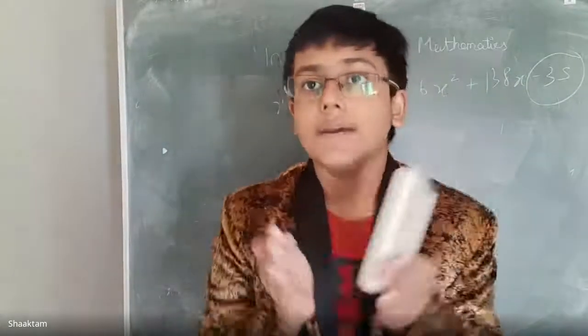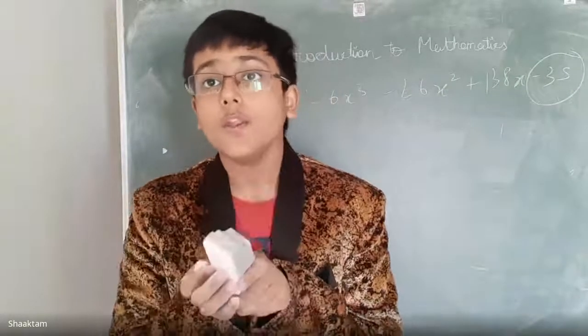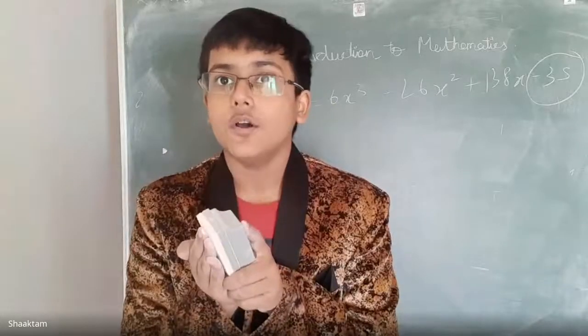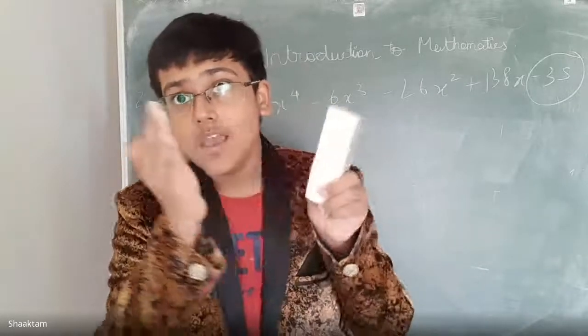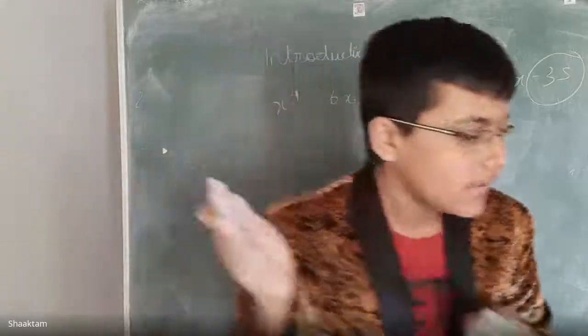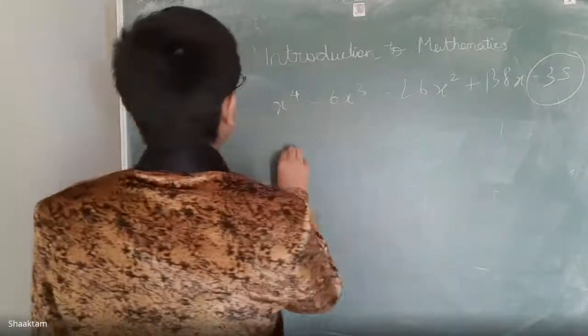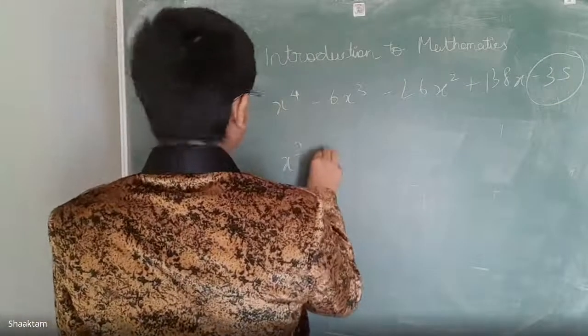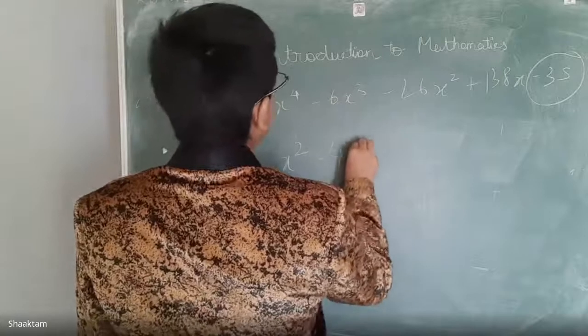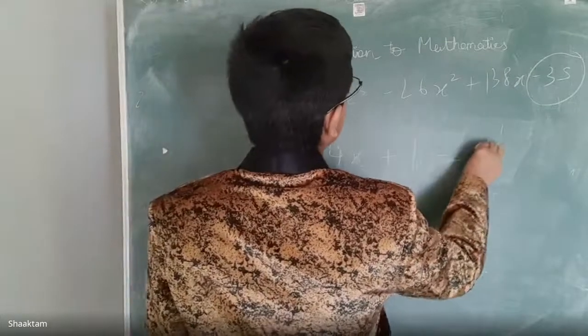So when you have 1, minus 4 and 1, what you can do is make a quadratic polynomial, taking the coefficients as 1, minus 4 and 1. What I mean is you make a quadratic equation, x square minus 4x plus 1 is equal to 0.